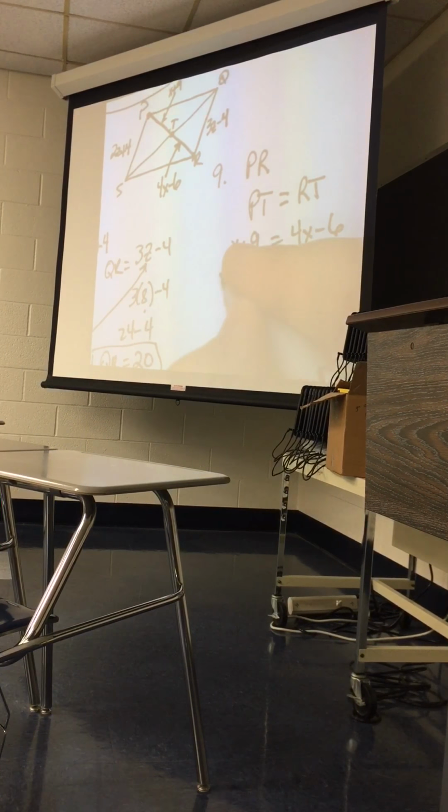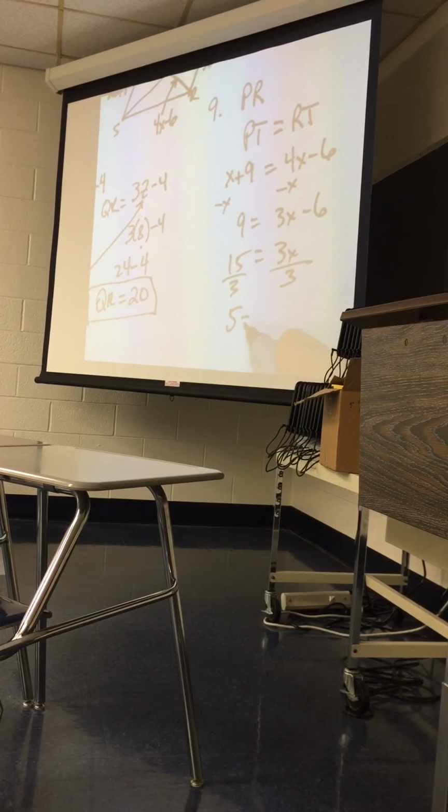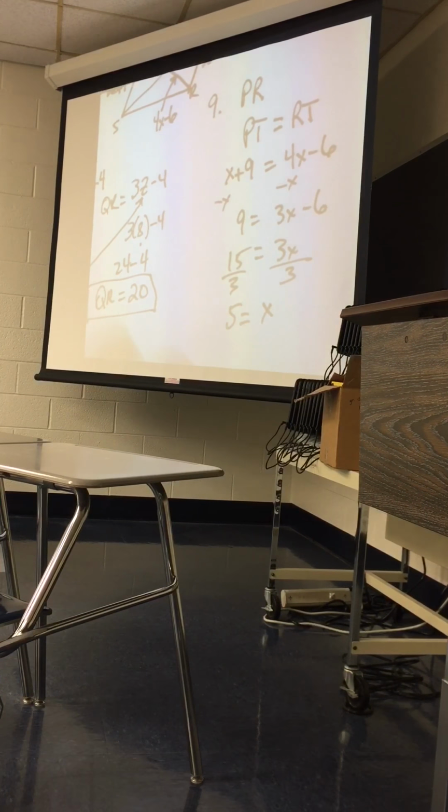Now let's solve for x. So 9 then is equal to 3x minus 6. 3x then is equal to 15 when I add 6 to both sides. Divide by 3, and 5 is equal to x. Again, that's not what they're looking for. They're actually looking for PR. Well, I can put that into either one. If I put it into x plus 9, 5 plus 9 gives me 14.